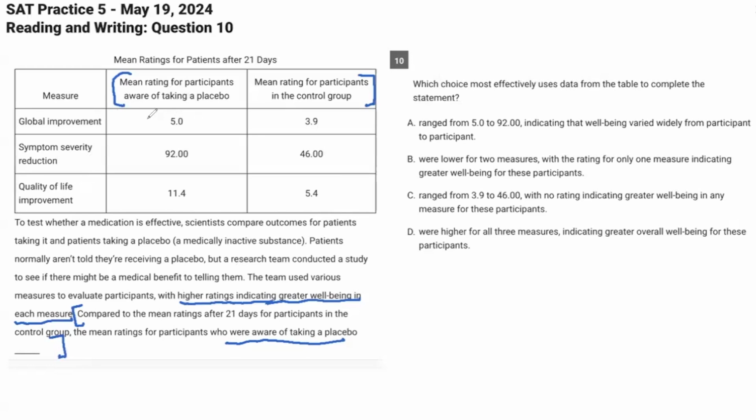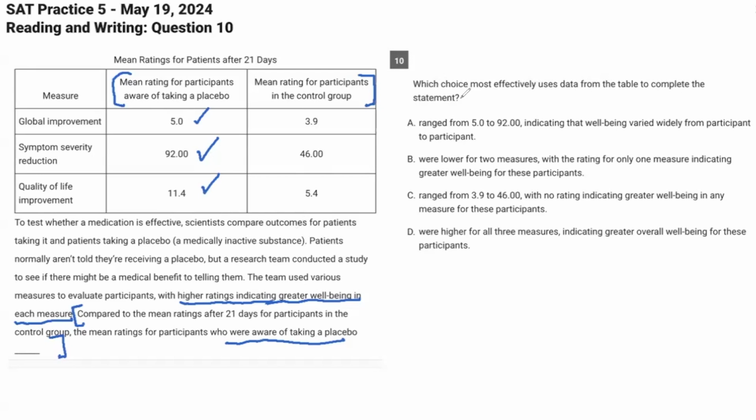This group one did better on all three counts, which is rather surprising. I think this is a lesson in not assuming that just because something logically makes sense, it's necessarily the correct answer. You have to look at what the claim is and then look at the table or graph to make sure that it aligns. All right, so let's go back to the question.